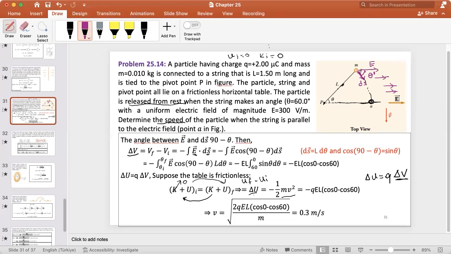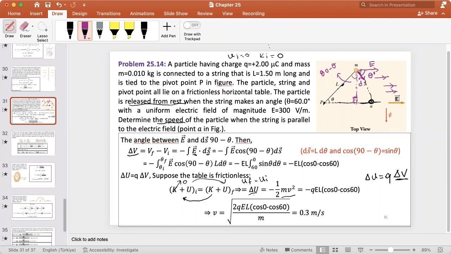If this is theta, maybe how can I show it? Give me a second. I want to show it in a much clearer way. To understand what the angle is here, the angle between the electrical field and ds, maybe we can produce a triangle with a perpendicular angle. So if this is theta, this one is 90 minus theta.